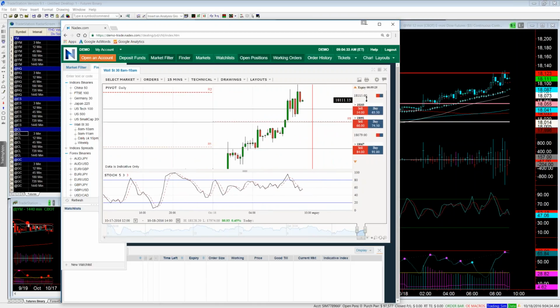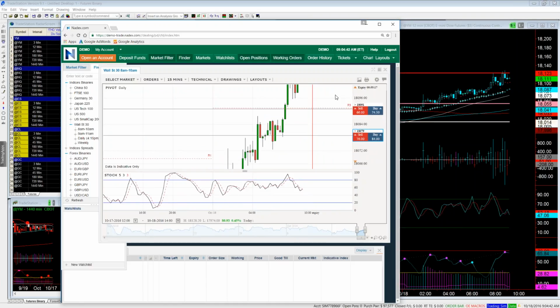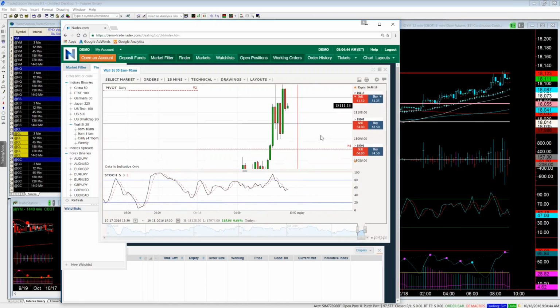So for example, right now price is at 18,111. The 18,108 is at 54. 18,091 is at 67. And that's going to be a hard one because you have an ATR right there.